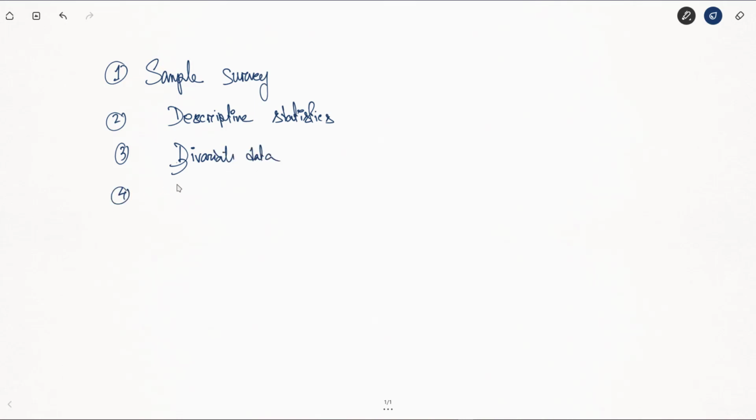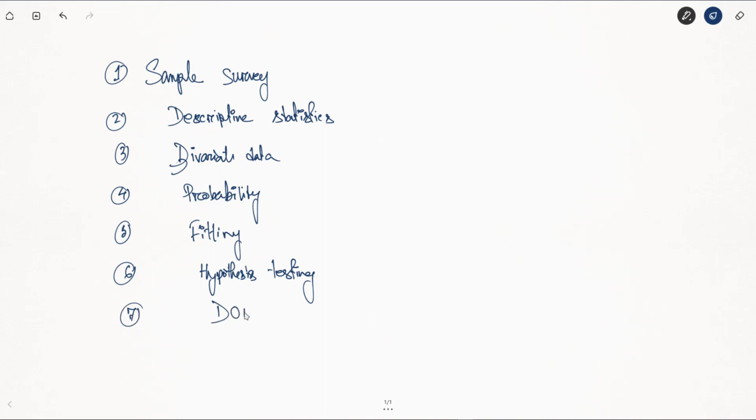Number 4 is probability. Number 5 is fitting. Number 6 is hypothesis testing. And number 7 is design of experiment. Okay, these are the broad divisions of the entire course.